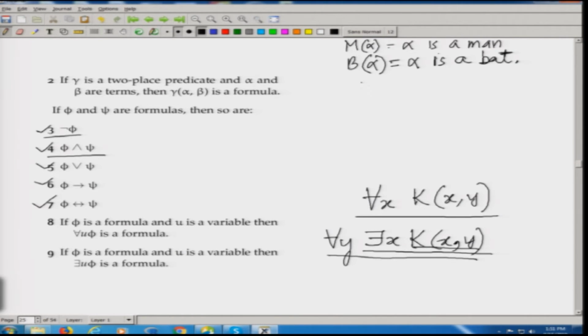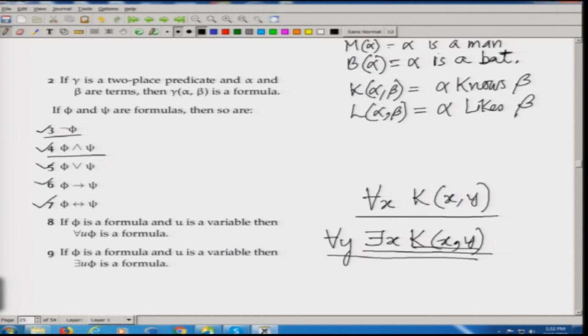And then intuitively K alpha beta means alpha knows beta, and L alpha beta may mean that alpha likes beta. Suppose this is how we interpret.